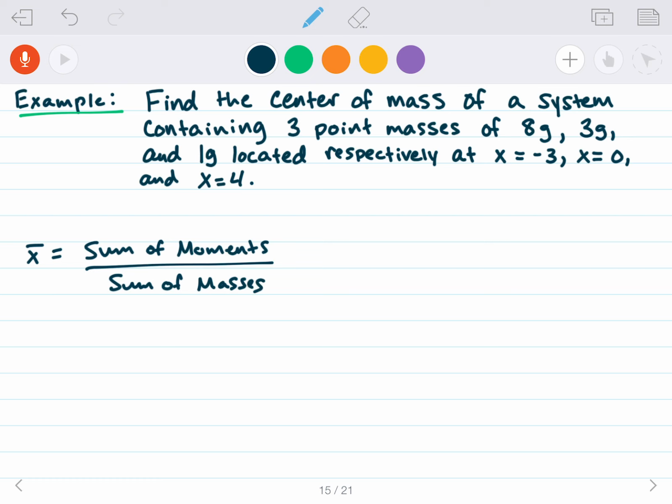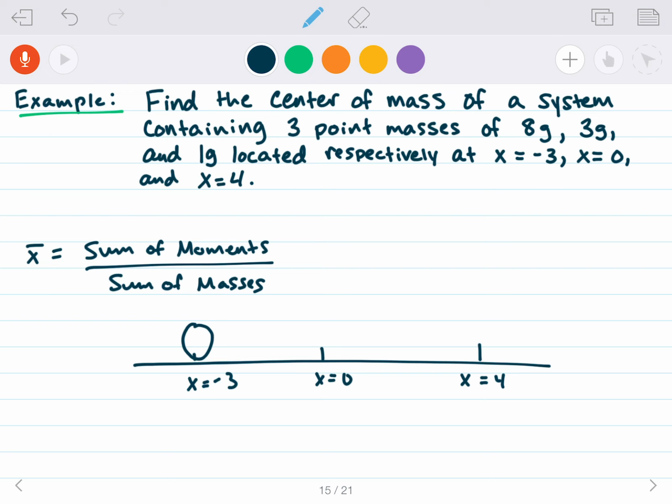So if we were to draw these things, here we have our number line, here we have x equals -3, and we have x equals 0, and x equals 4. And then we have our masses here. So 8 grams is going to be at -3, so this is 8 grams. And we have 3 grams at 0. It's probably not drawn to scale, but it's okay.